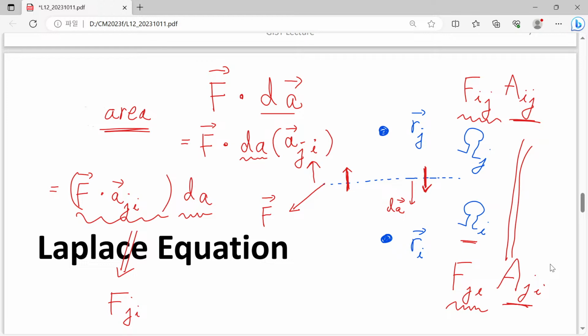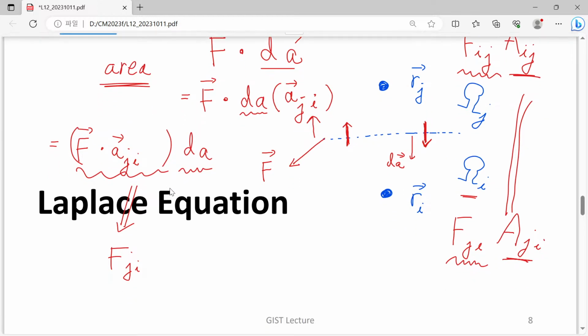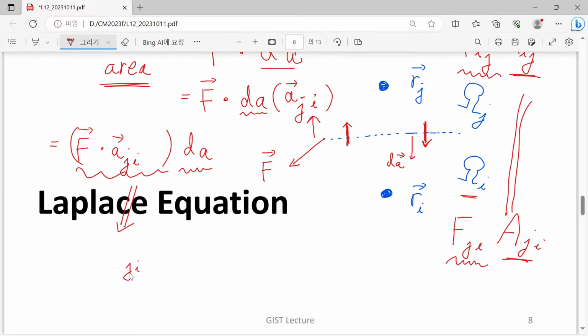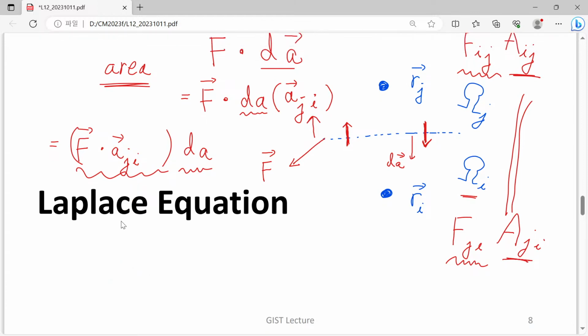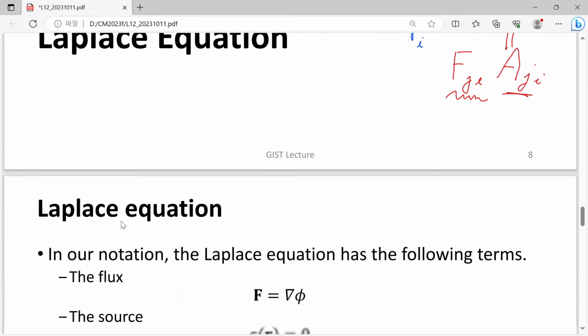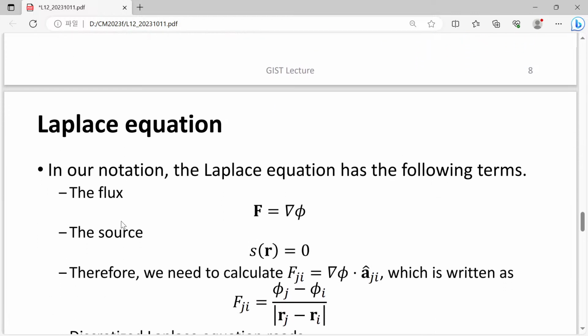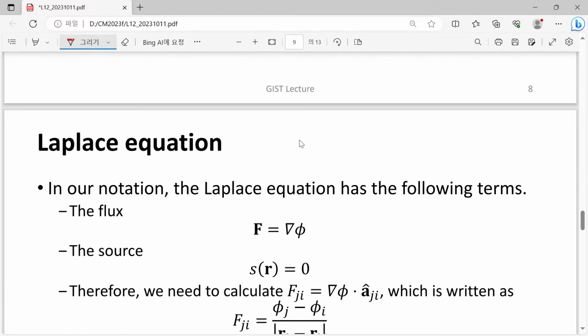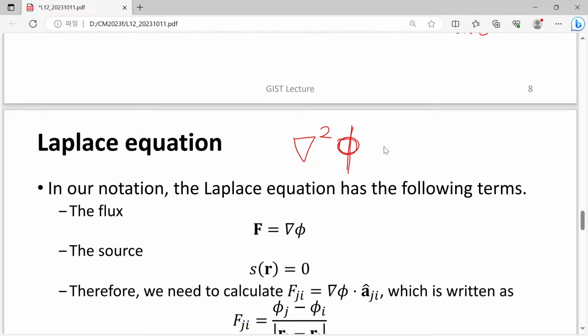Then now let's go to the real concrete example of the Laplace equation. I hope that everybody already knows the Laplace equation. It is simply written in this form: the Laplacian of our certain solution scalar field phi should vanish.